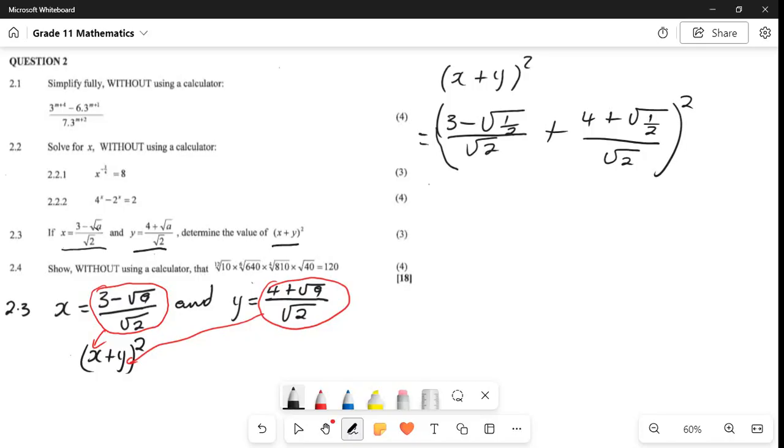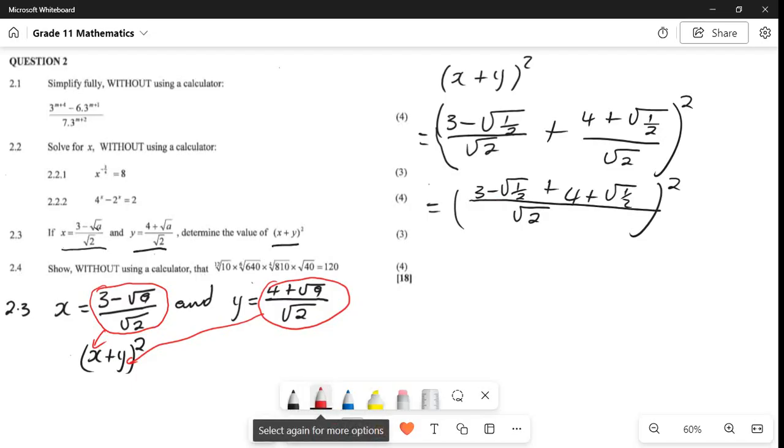You will remember that we used the square root of 2 as the lowest common denominator, and here we'll have 3 minus half the square root of half, plus 4 plus the square root of half. Still remember to square all of them. Here, minus half and plus half cancel.